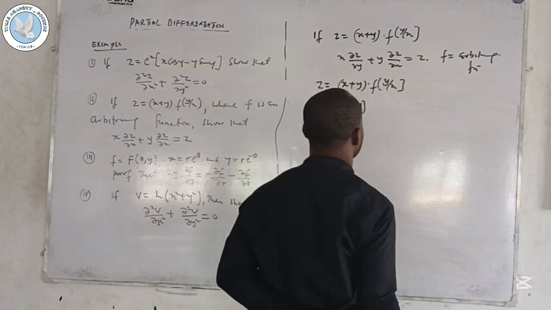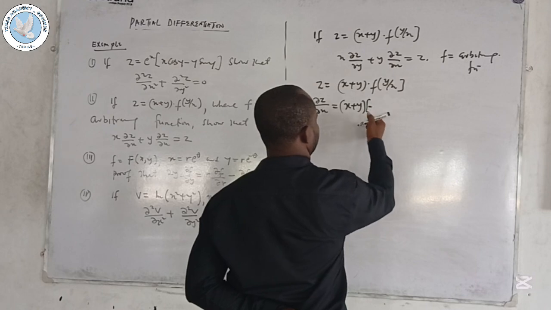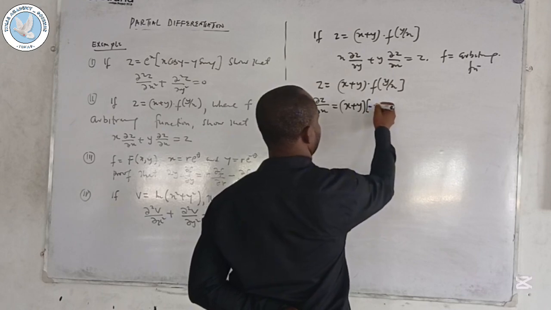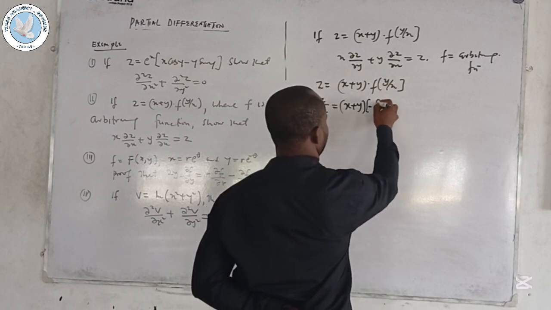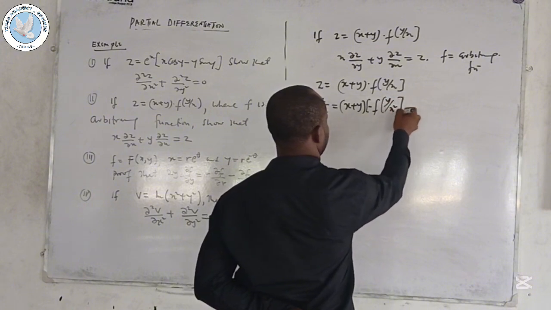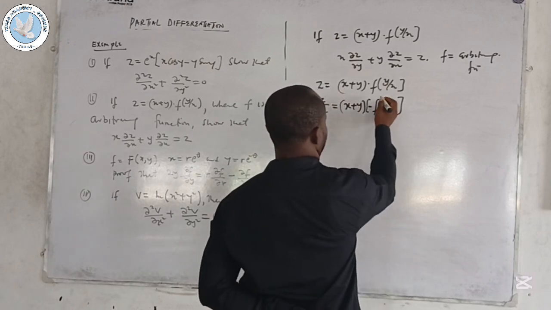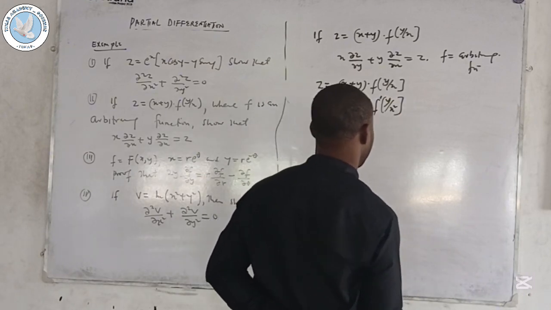So this will give us minus, we further differentiate the function as we have f prime.